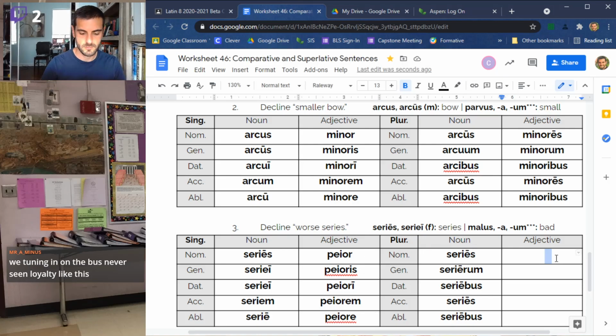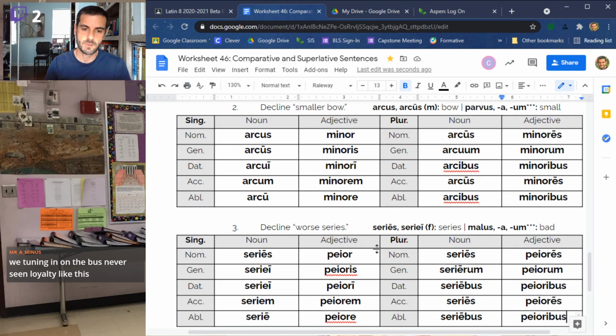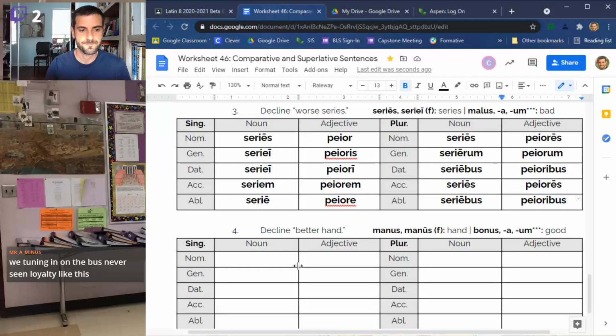And for the plurals, peiores, peiorum, peioribus, peiores, and peioribus. What do we got here? We got maggiore, minore, peggiore, and then we'll have our last one. Migliore.